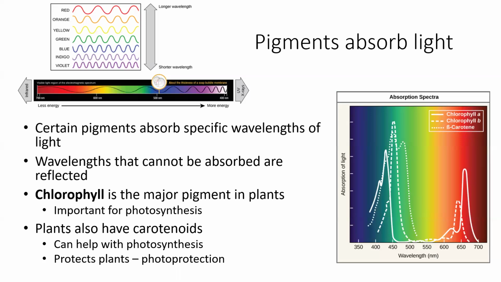So you can see they're mostly absorbing blue and green, which makes them reflect red and orange light. So different pigments absorb different wavelengths of light.